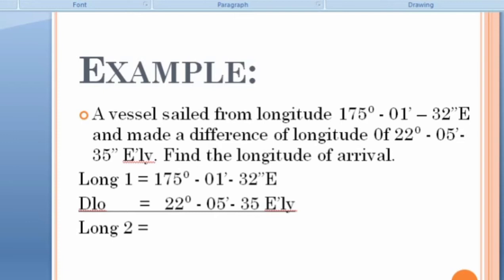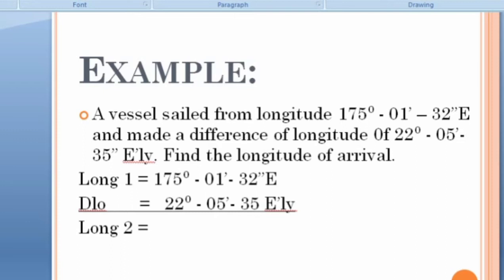Alright, so in this case, we have 175 degrees 01 minute 32 seconds east. So again, please take note that we only have the limitation of longitude, which is 180, and we have a difference of longitude, which is 22 degrees 05 minutes 35 seconds easterly. So it means that it is going on a clockwise direction.